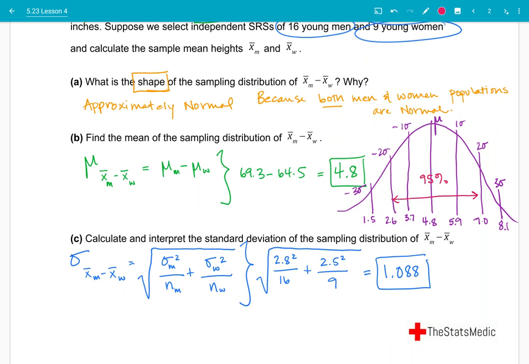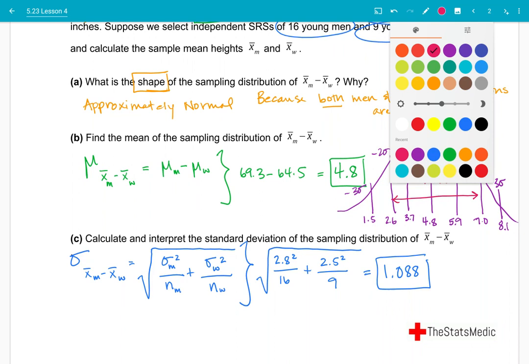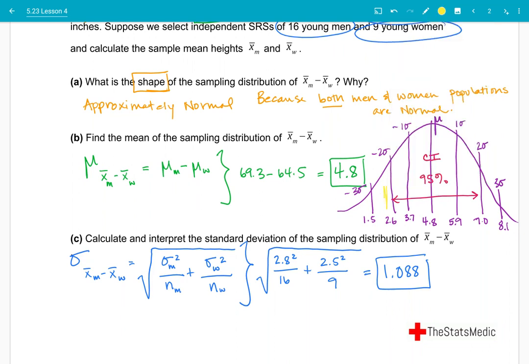And then if we're looking at hypothesis testing, so this is for a confidence interval. If we're looking at hypothesis testing, we are looking for that teeny tiny area under the curve that is outside of our z-scores. And we're looking at that percent as our p-value.